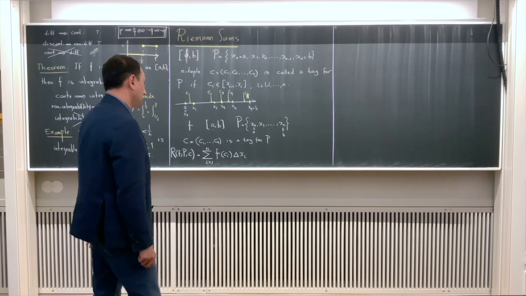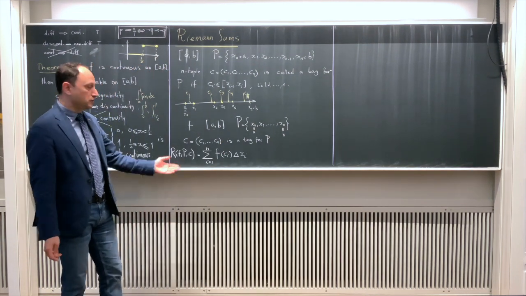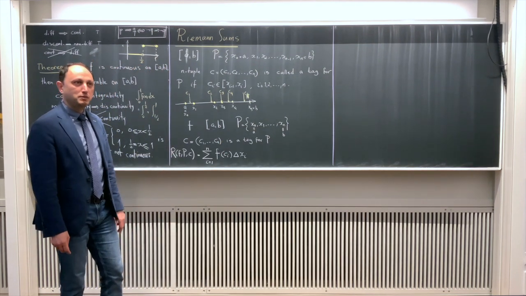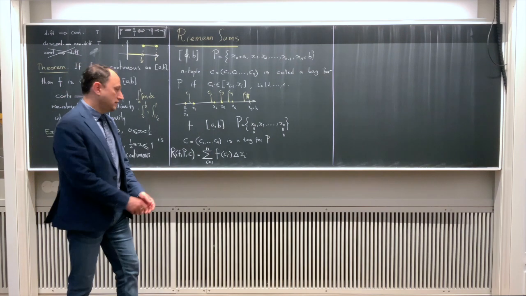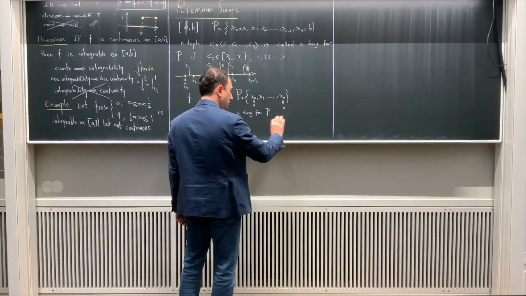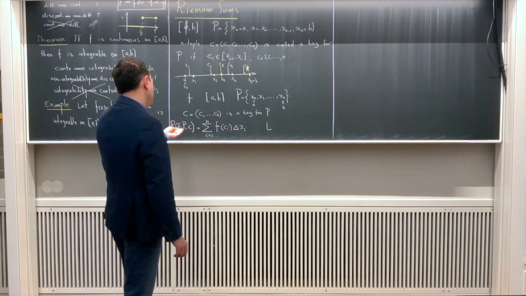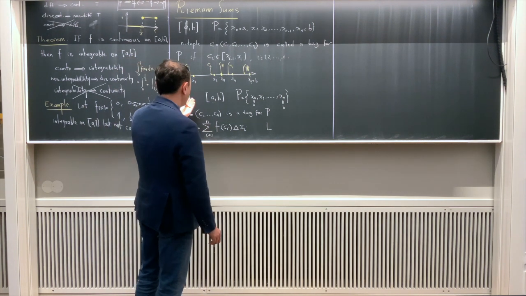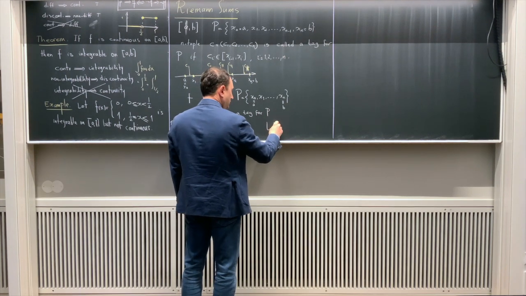So assuming that the function is continuous, yes, you are right. A lower sum is also a Riemann sum. Can you tell me what are those tags in that case? When I write a lower sum, assuming that the function is continuous for the time being, okay? By the way, here it doesn't matter actually, so it can also be bounded. But from now on, let us consider that the function is continuous.